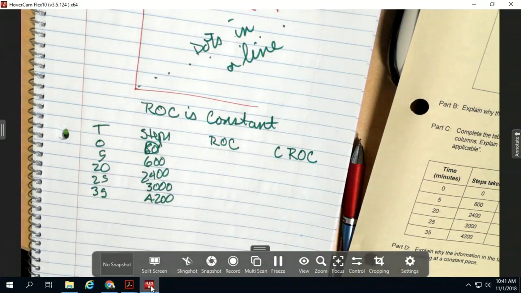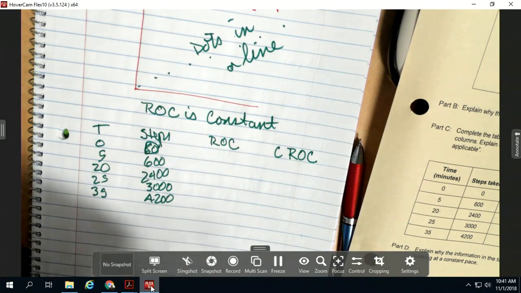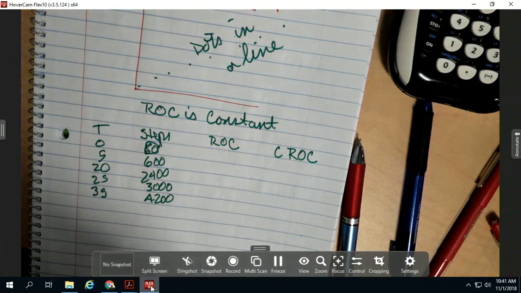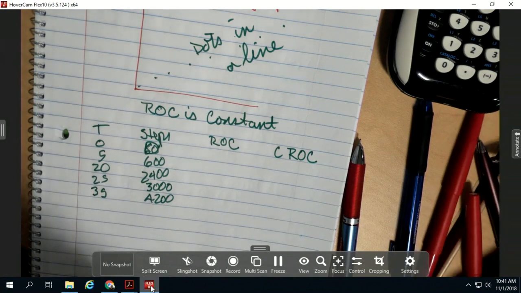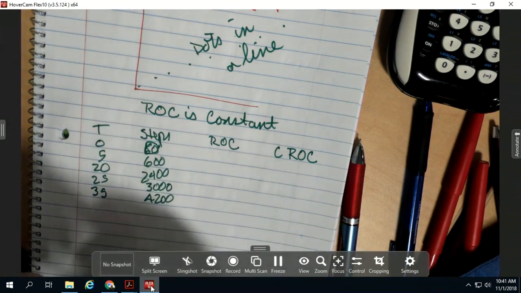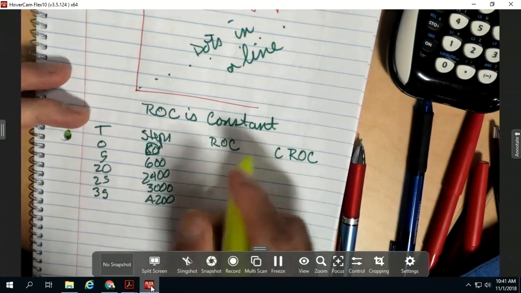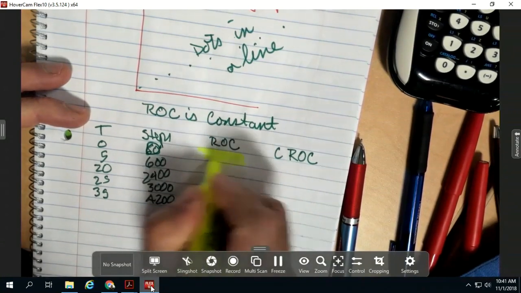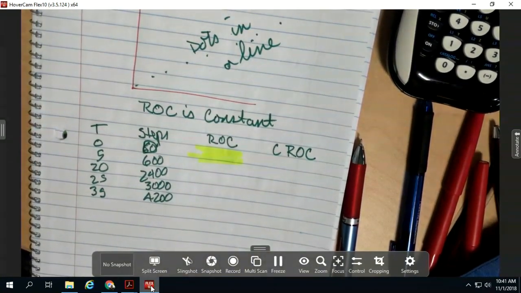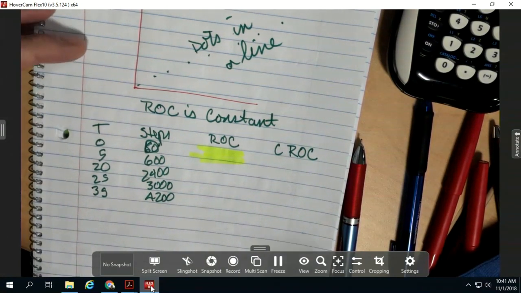Okay, why did they have this first one? Why did they say not applicable here? 0 steps taken, and there's nothing to subtract it from, right?